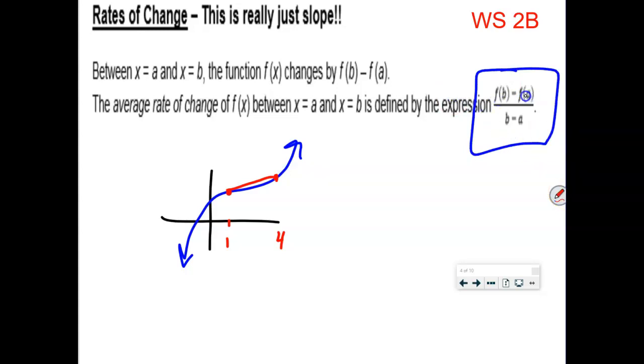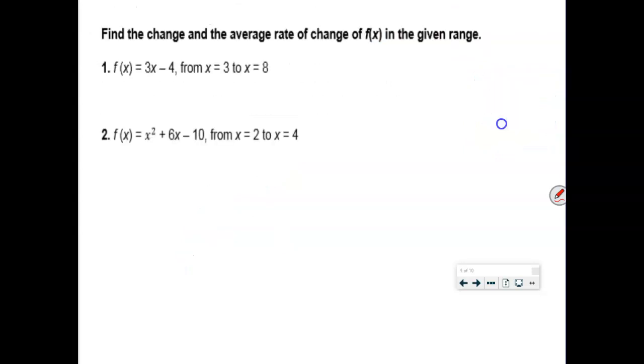F of whatever, that function notation. Remember when your Algebra 1 teachers said it really just represents y? Same thing here. This is like y minus y over x minus x. Isn't that slope? Yeah, it's slope. So let's find average rate of change for, this actually is a linear function, so that's super boring, from 3 to 8.